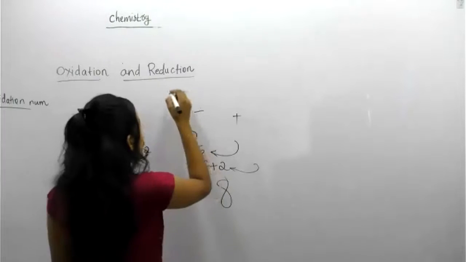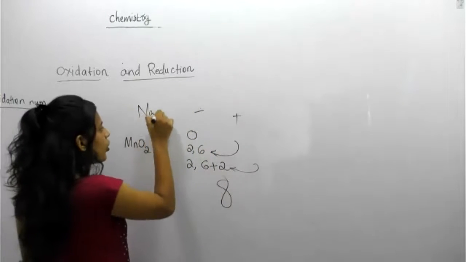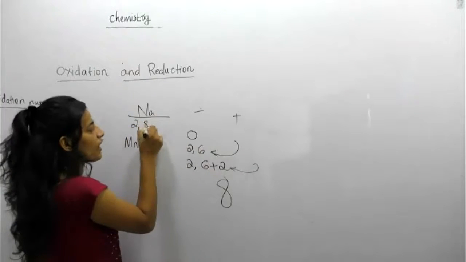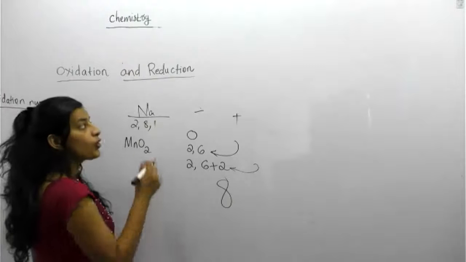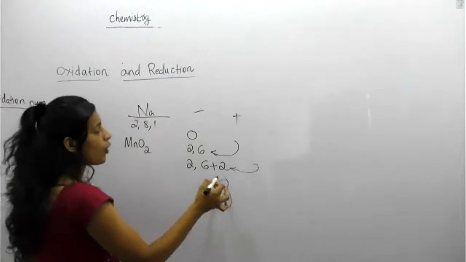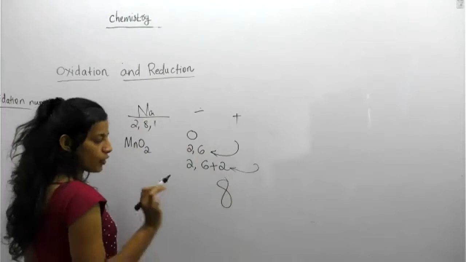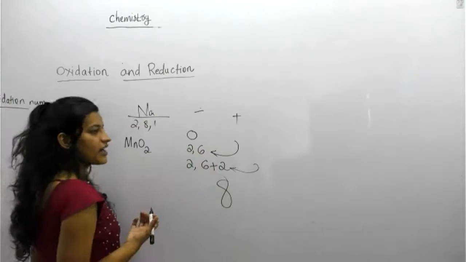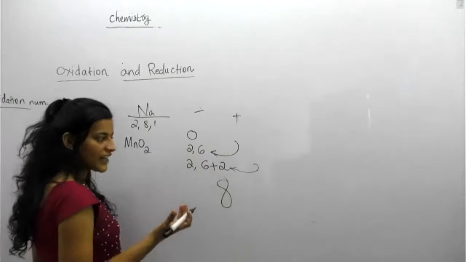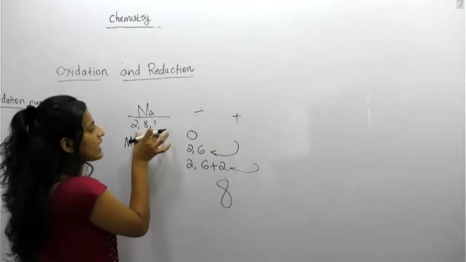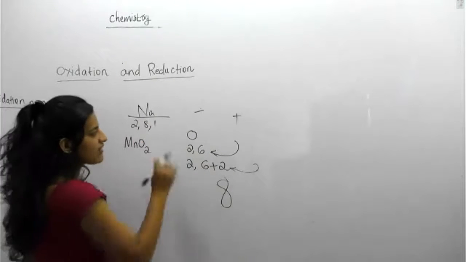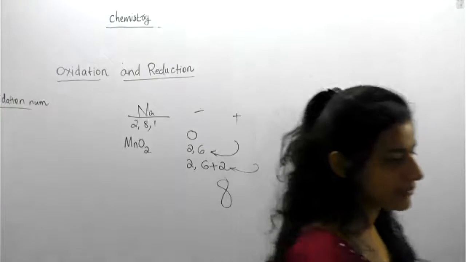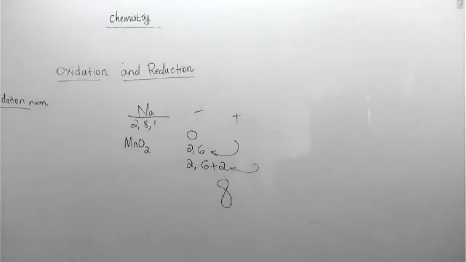In the case of sodium, look students, sodium has 1 electron in its last shell. For getting an octet in the last shell, this is a stability factor. Some elements have a tendency to remove electrons, and some have a tendency to accept electrons. So in the case of sodium, what happens? Will it accept or remove?